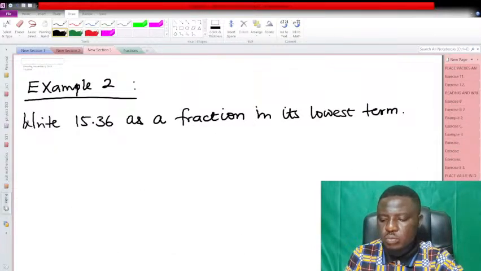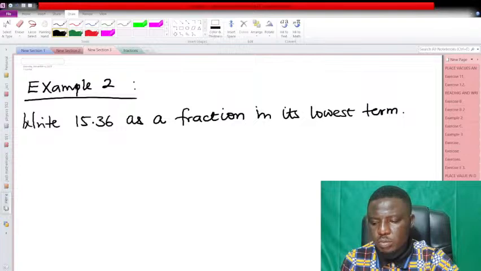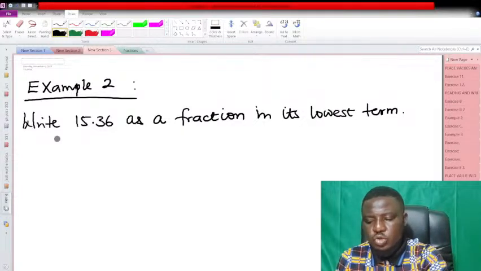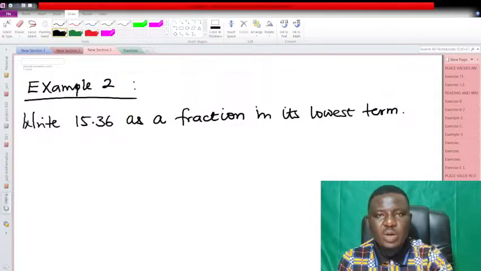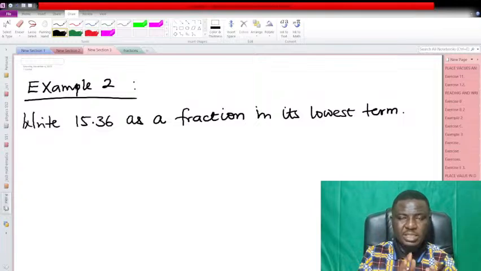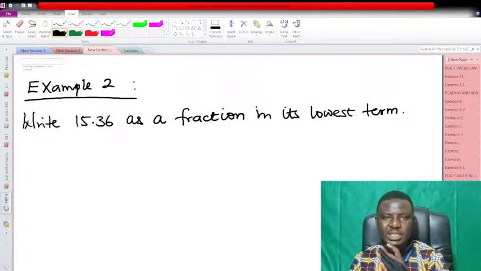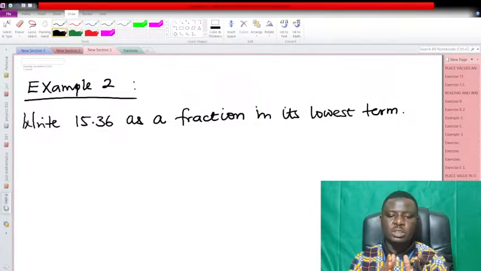Okay, example 2. Example 2 says you should write 15.36 as a fraction in its lowest term. Now, this is going to be a bit different from what we did in the first example, because we are not just to write it as a fraction, rather we are equally going to reduce it to its lowest term.